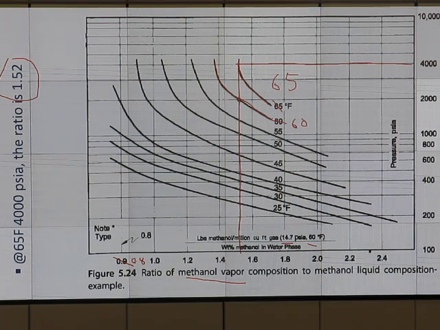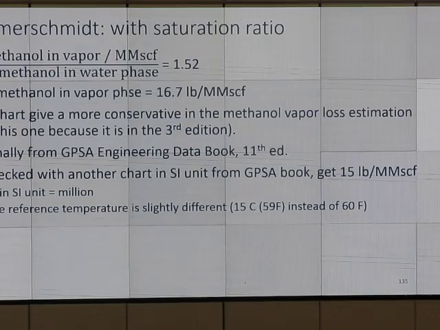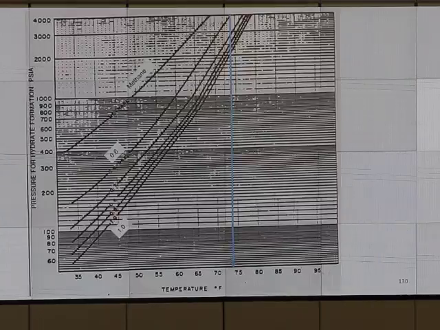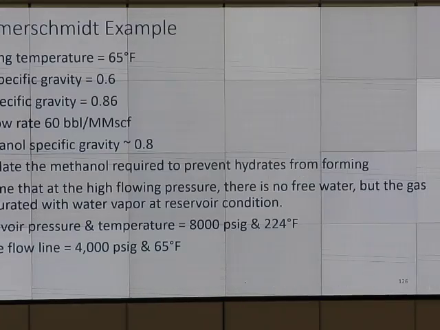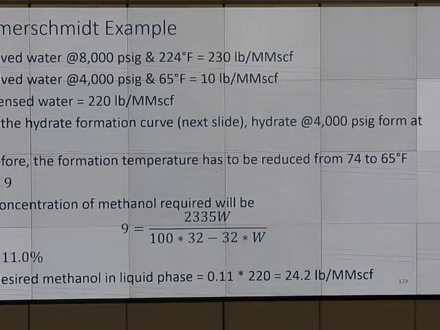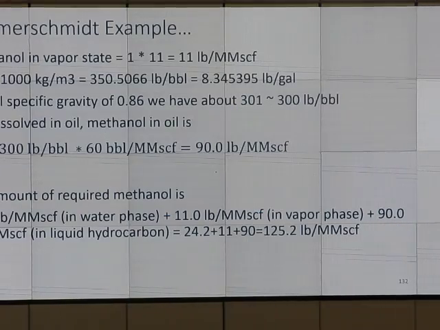For methanol that goes into the oil phase or hydrocarbon phase, we just assume 0.5%. Okay, and 0.5%, it is quite a lot. Okay, 0.5%. You remember this one? That's my 0.5%. Okay, 0.5% dissolved in oil.